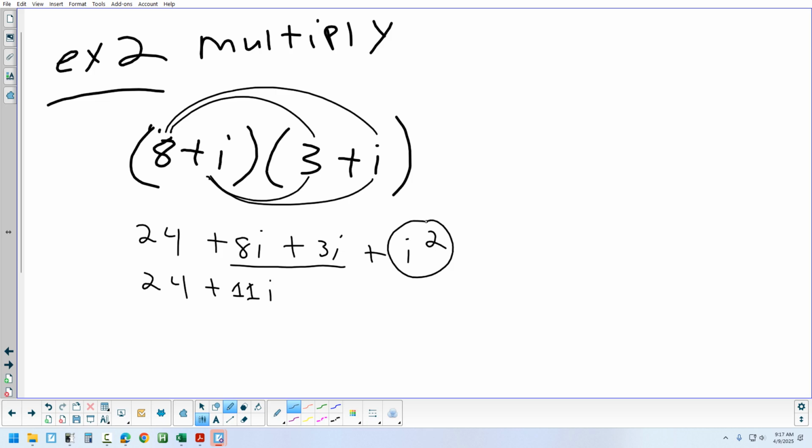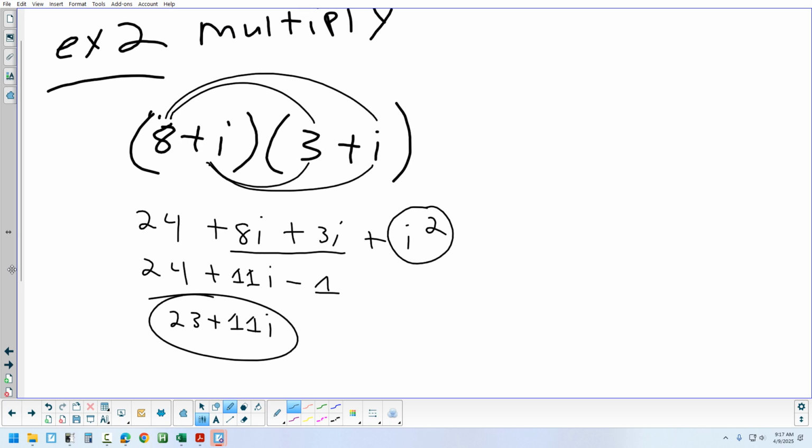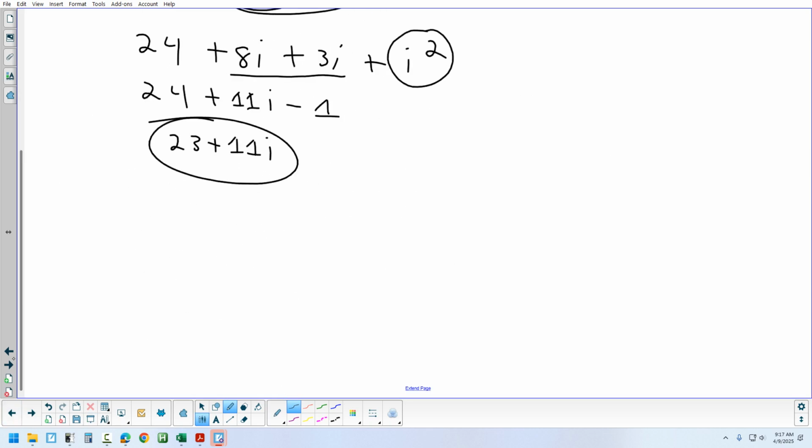I'm just going to say negative 1. Once you change that, you've got one more pair of like terms to put together to get your final answer. What is the final answer here? 23 plus 11i. Yep. All right. So any questions on multiplying?